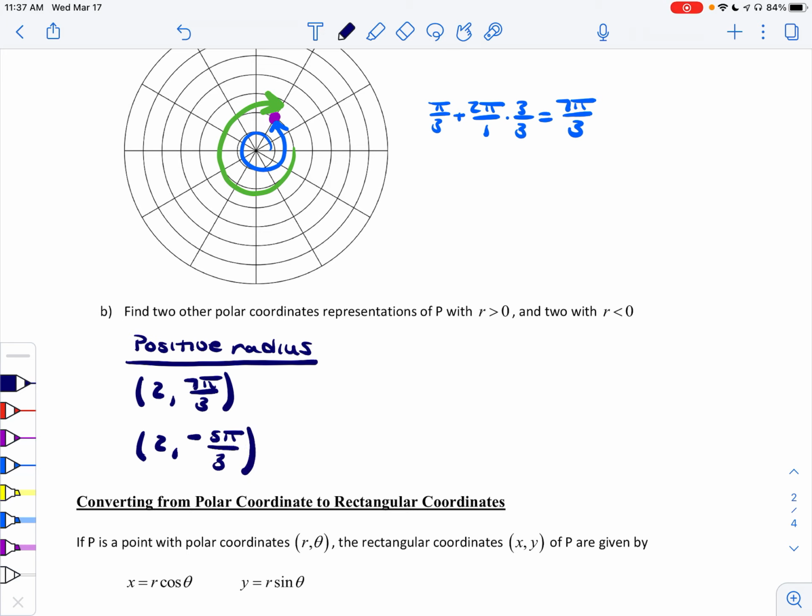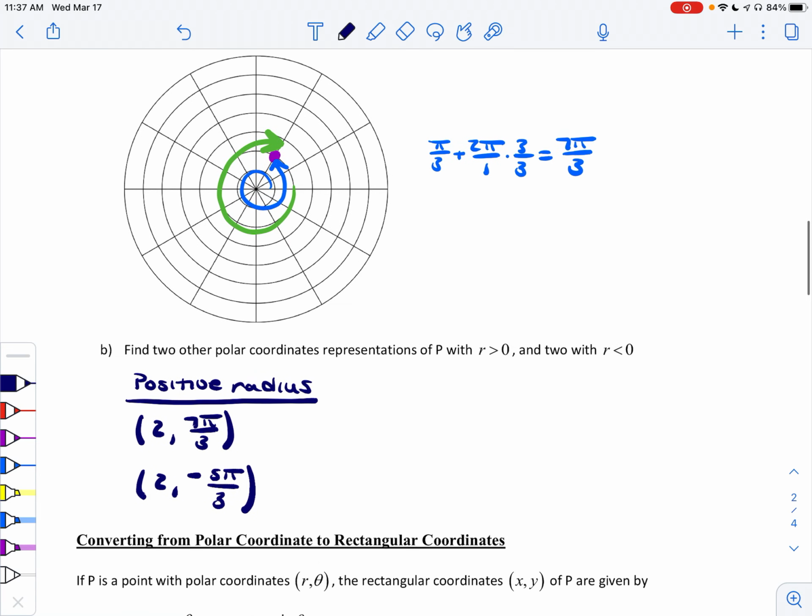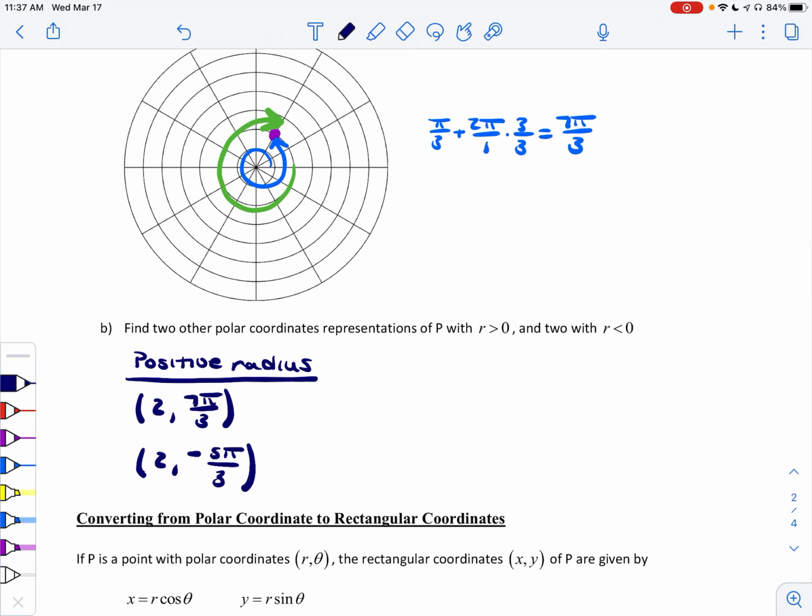So these would be two possible different notations for this polar coordinate, just using different coterminal angles. All right, so the other thing we want to think about then is how could we write this point with a negative radius?